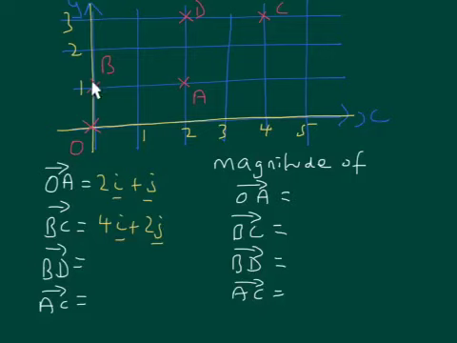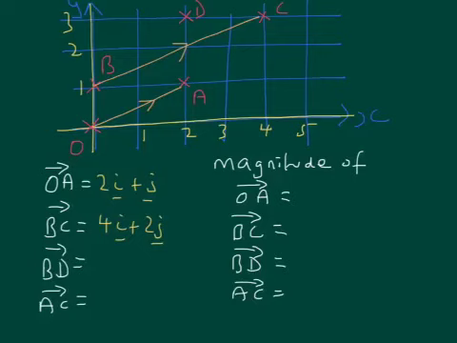So the vector from B to C, which is this vector here, is double the vector from O to A. And these lines are parallel. If you look at the vector from O to A and B to C, they're parallel. The length of BC is double the length of OA, but the lines are in the same direction. And you can get that by noticing that BC is a multiple of OA. In this case it's double.